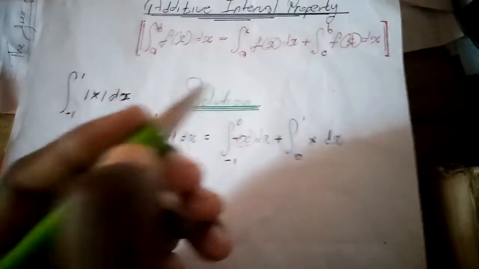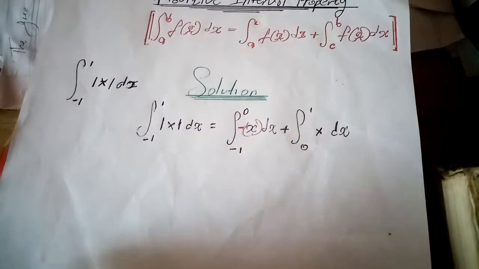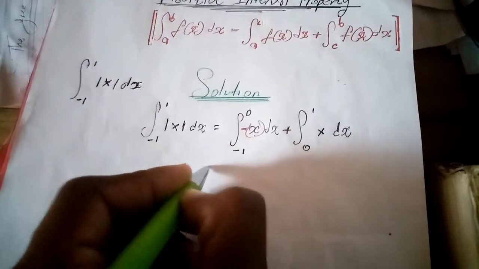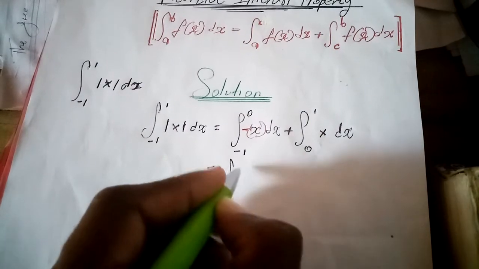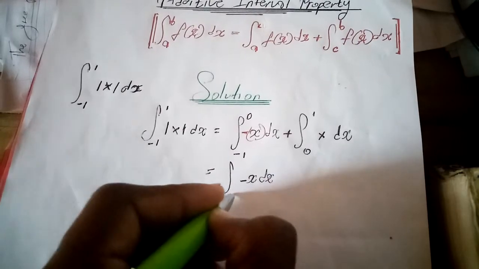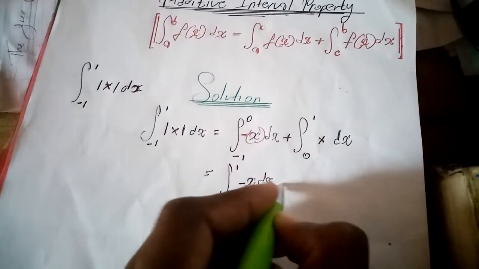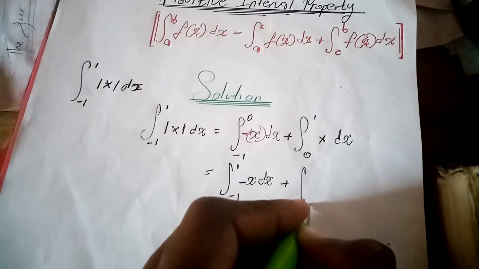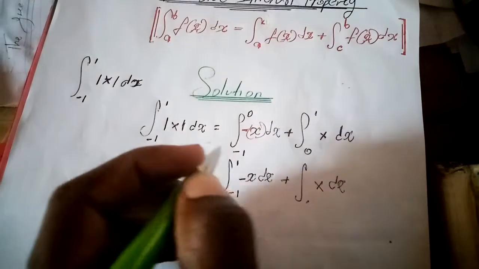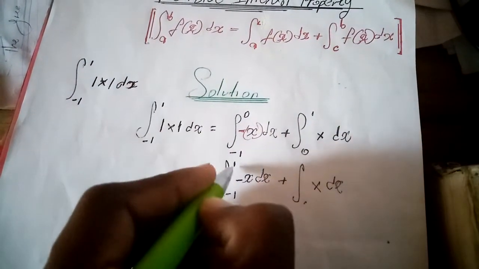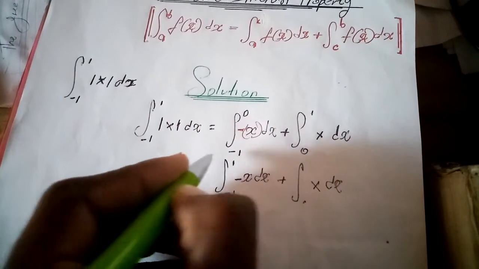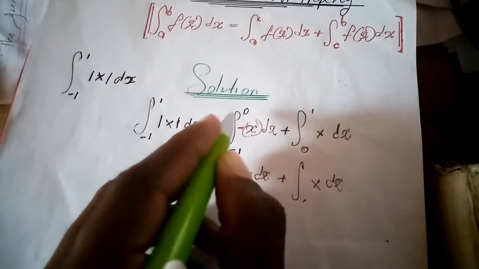So in this case, now we can go on and say this is the same as the integral of -x dx from -1 to 0 plus the integral of x dx from 0 to +1. Here it is 0, guys, because remember we are breaking that into -1 to 0, then from 0 to 1.